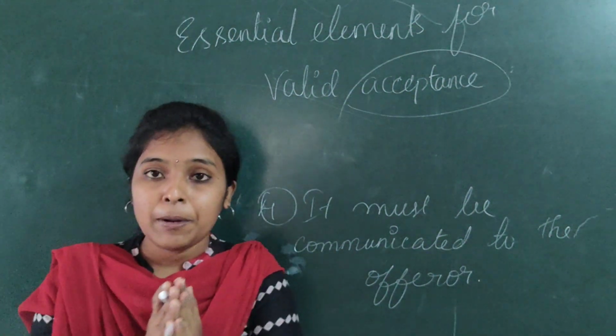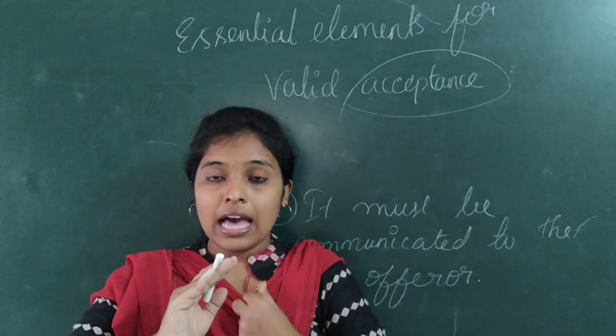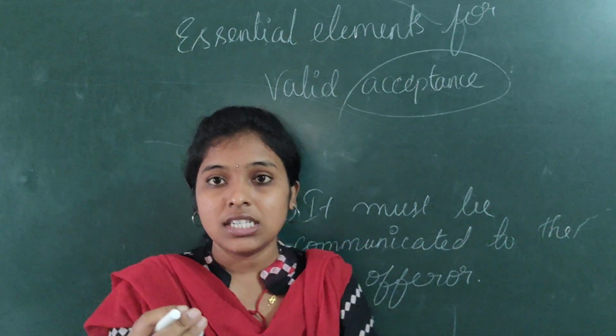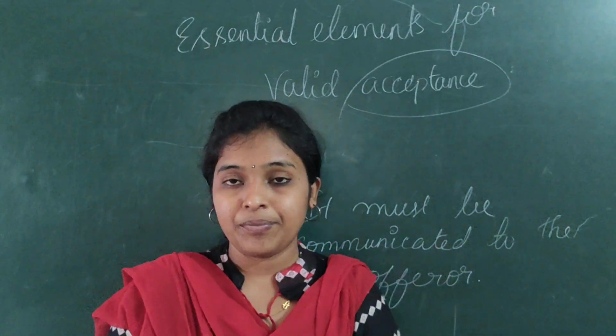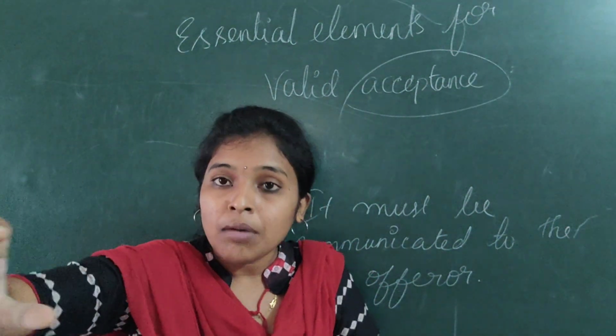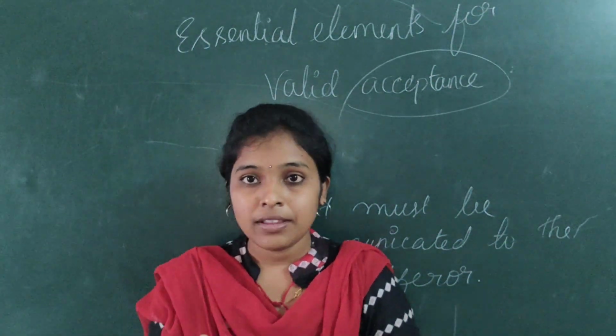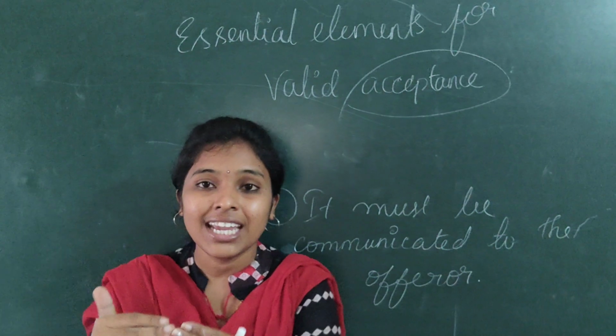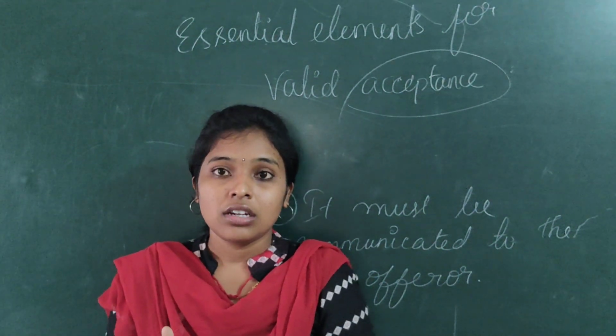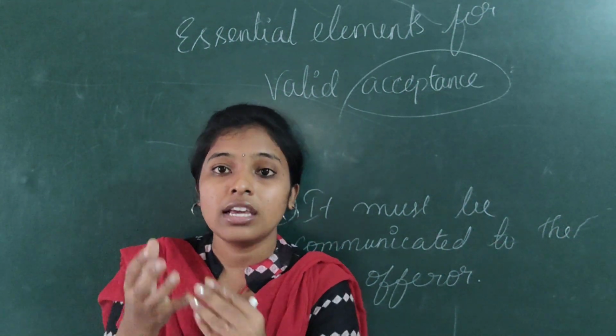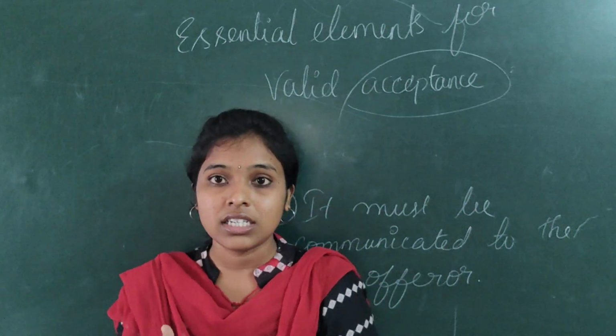So for example, see, I am interested to purchase a house from B. B is also willing to sell his house to me. But he did not say to me that he is interested to sell his house, though he has that intention.